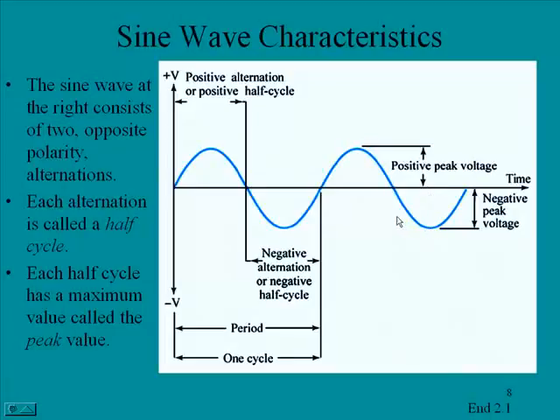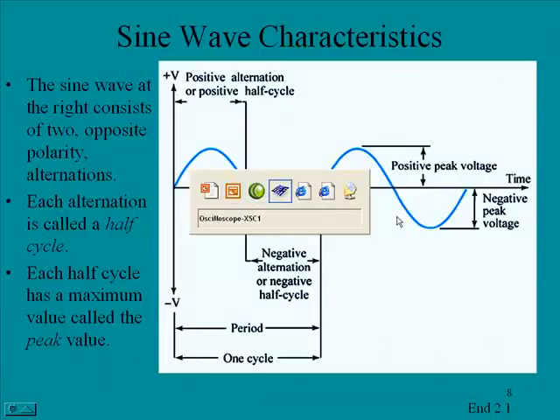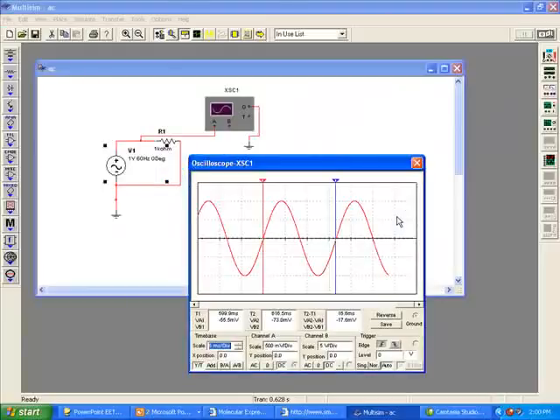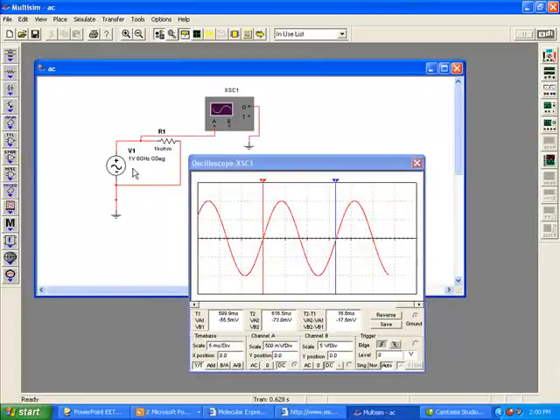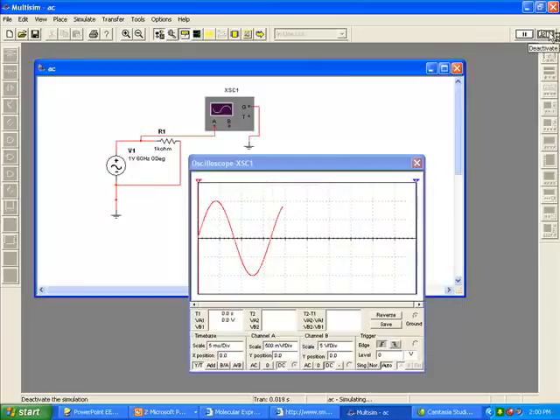Now I have a simulation with Electronics Workbench. Let's take a quick look at it. Here we have a 1 volt 60 hertz signal. I've got an oscilloscope connected to it, and we see the sine wave. If I activate this, let's see if we can make it go. Okay, here we go.